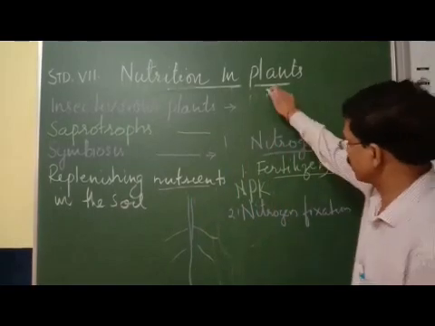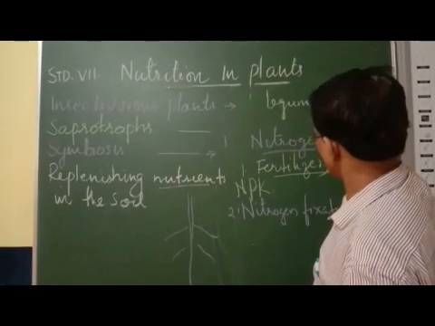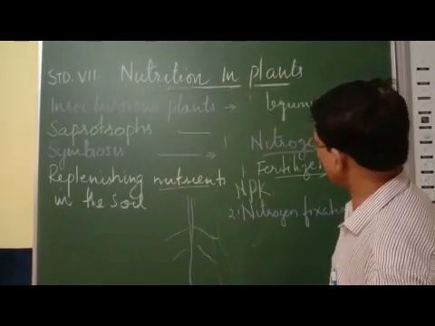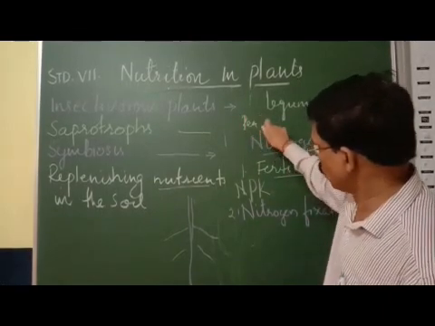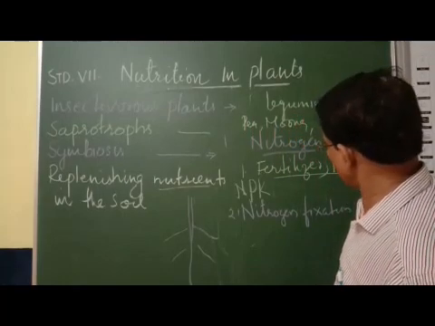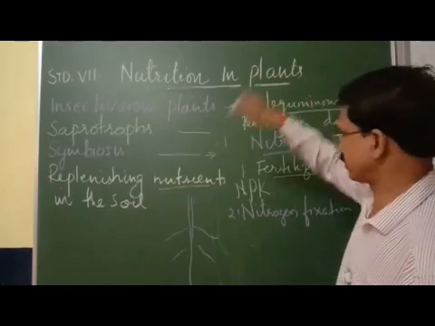Leguminous plants. Leguminous plants such as, what are the leguminous plants? Pea plants, moong, dal, and all these plants are generally called leguminous plants.